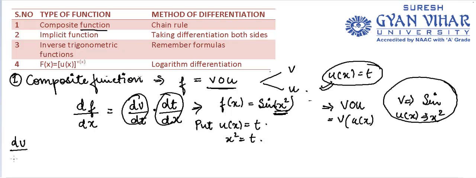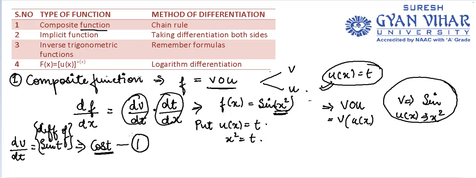So dv by dt is the differentiation of sine of t, which is cos of t. This is first.